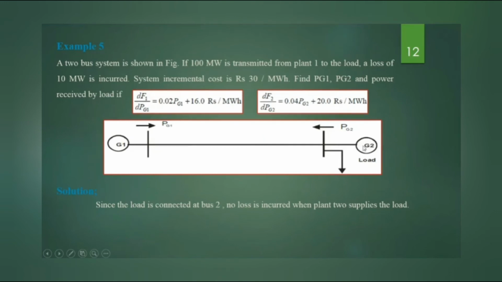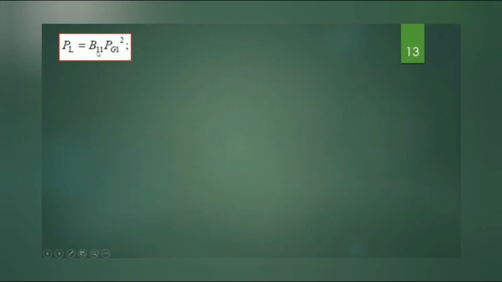Because load is connected at this bus. Therefore, according to the loss formula, B12 equal to 0 and B22 equal to 0. There is no loss coefficient for generator 2, right? So our loss formula becomes PL equal to B11 Pg1 square.